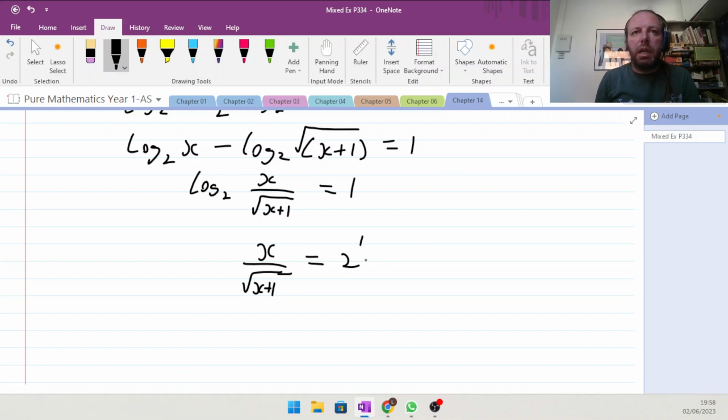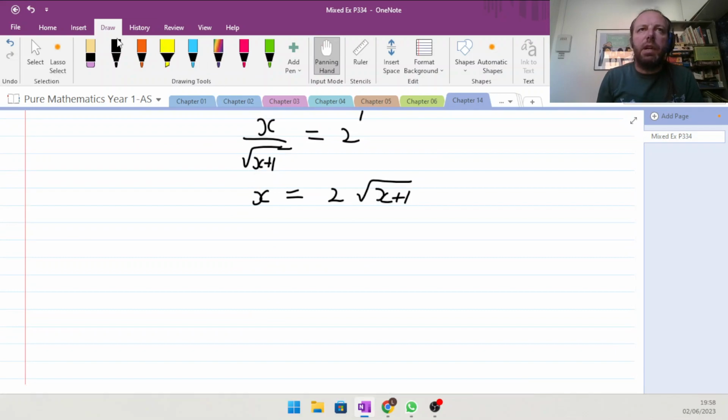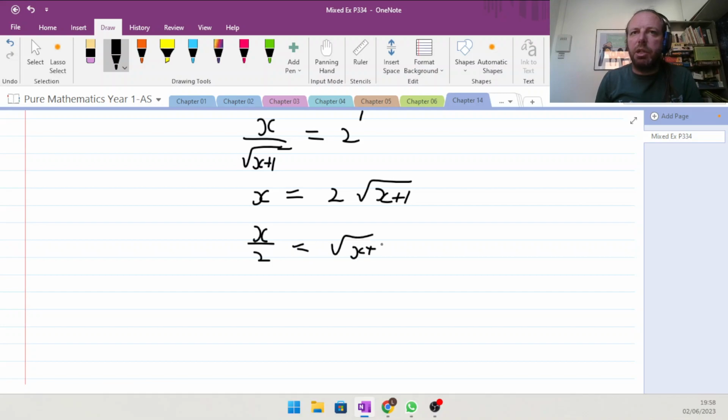So multiplying out over there, we end up with x equals 2 times the square root of x plus 1. And I think we divide by that 2 as well. So x over 2 is equal to the square root of x plus 1.